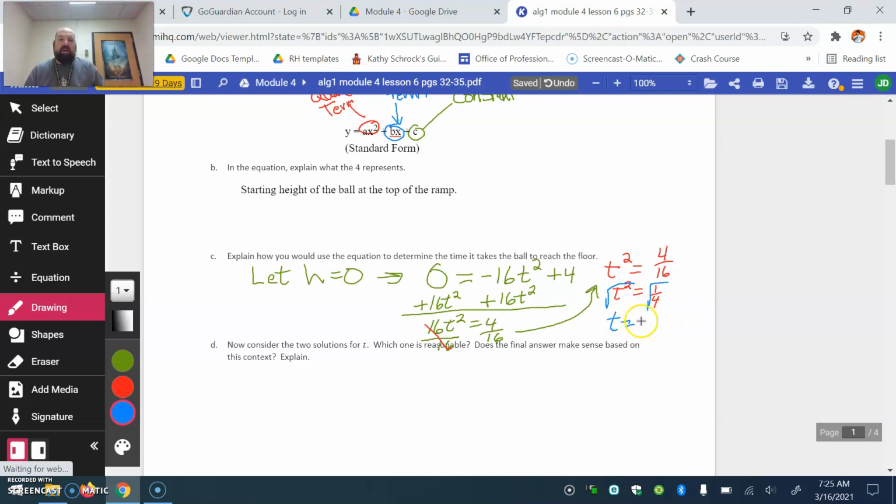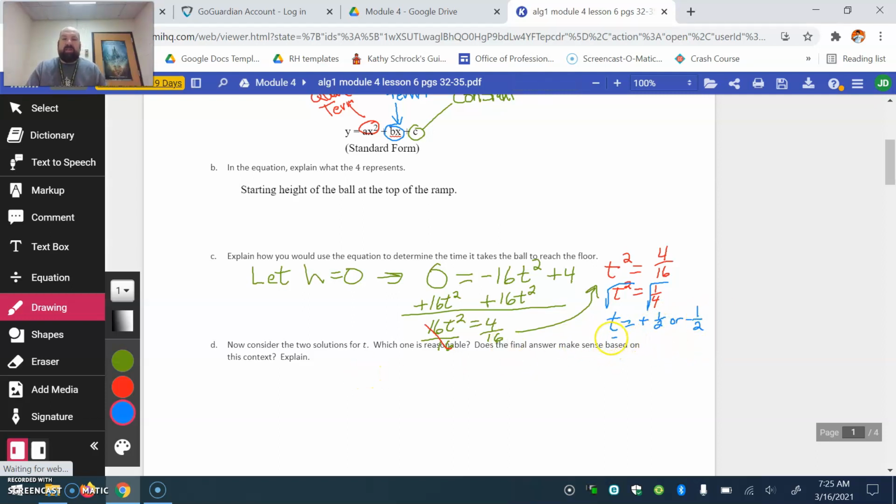Technically, it's either positive 1/2 or negative 1/2, because positive 1/2 times 1/2 is 1/4, and negative 1/2 times negative 1/2 is 1/4, because remember, a negative times a negative is a positive. So something you need to be aware of moving forward: when you take a square root of a positive number, it is either a positive or a negative answer.